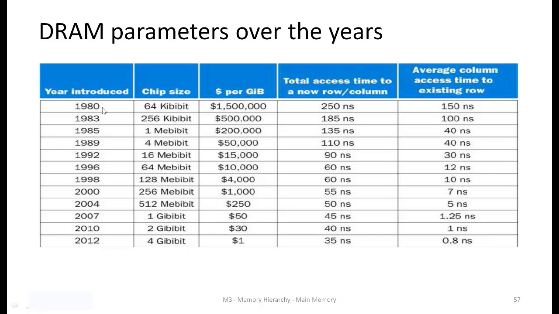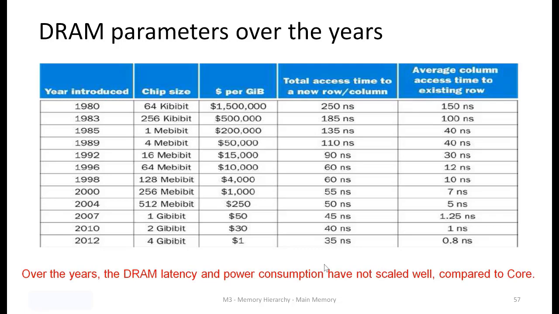If you look over the years from 1980 to 2012, the access latency tRCD dropped from 250 nanoseconds to 35 nanoseconds, and tCAS dropped from 150 nanoseconds to 0.8 nanoseconds, and the capacity slowly increased from a meager 64 kilobit to 4 gigabit now. And with technology scaling, we have an additional advantage of cost drop, so it has become quite cheaper now.